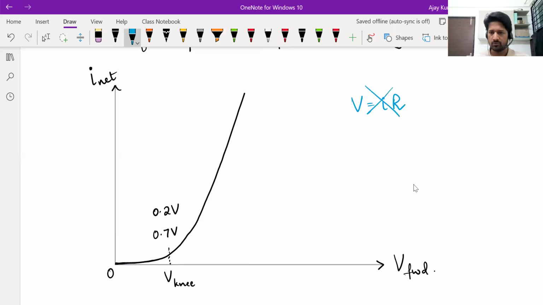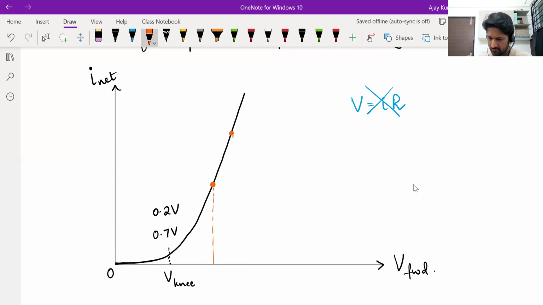It does not obey Ohm's law because the current versus voltage graph is not a straight line passing through the origin. But you can see that once the voltage is greater than the knee voltage, the graph is almost a straight line. In that region where the graph is a straight line, if you choose 2 points, a straight line has a constant slope, no?